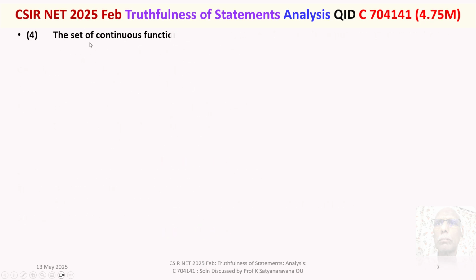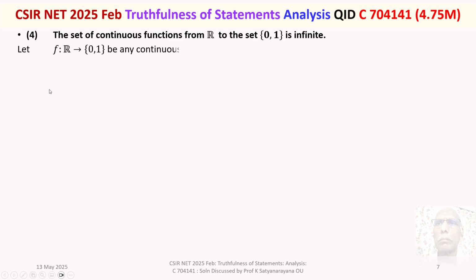Option 4: the set of continuous functions from R to the set consisting of two elements 0, 1 is infinite. So how many continuous functions will be there from R to this set consisting of 0 and 1?